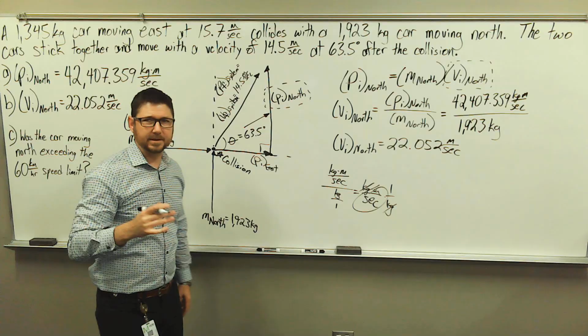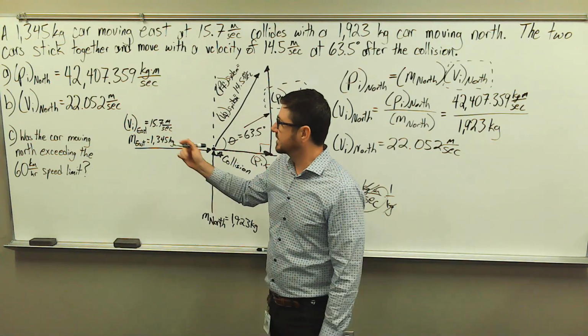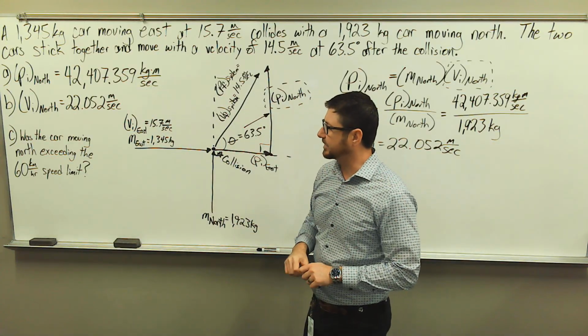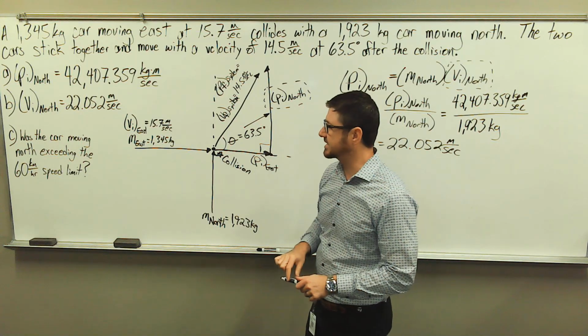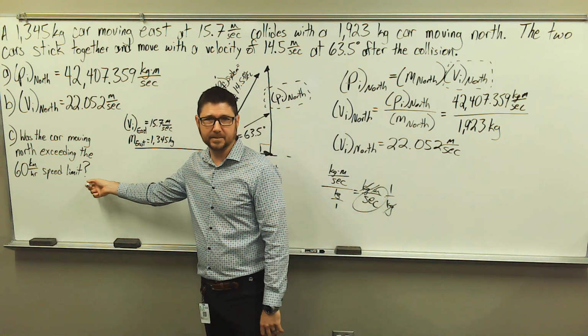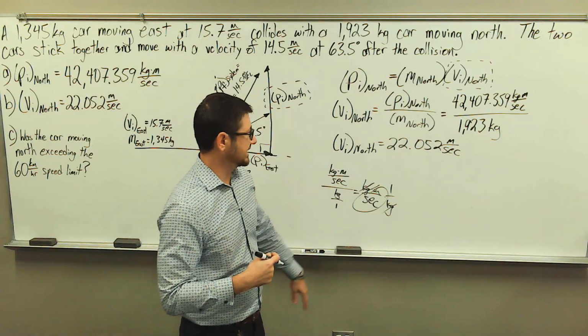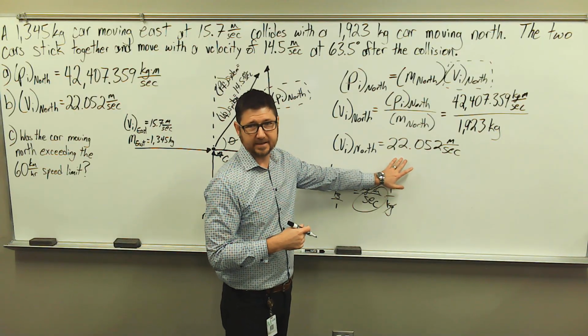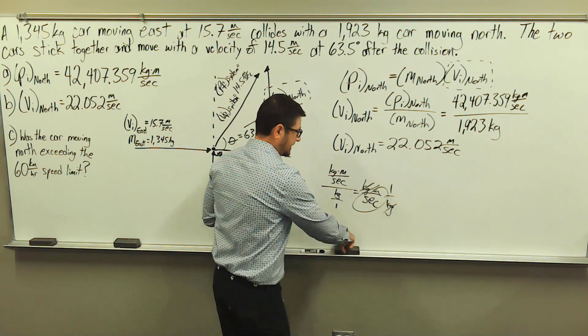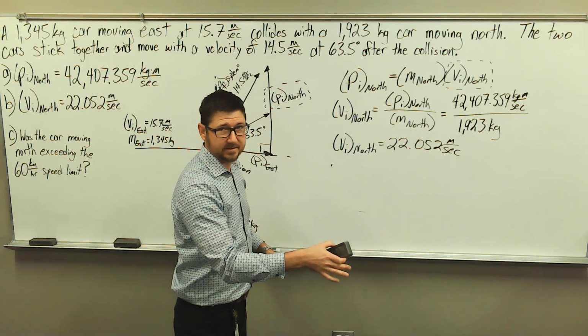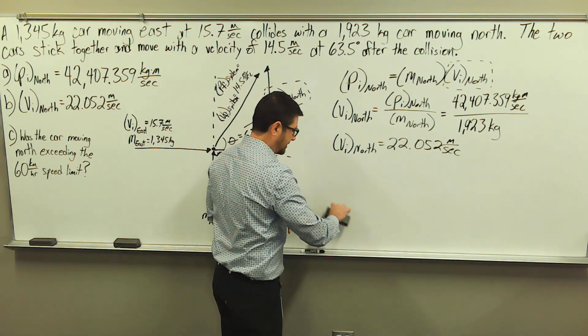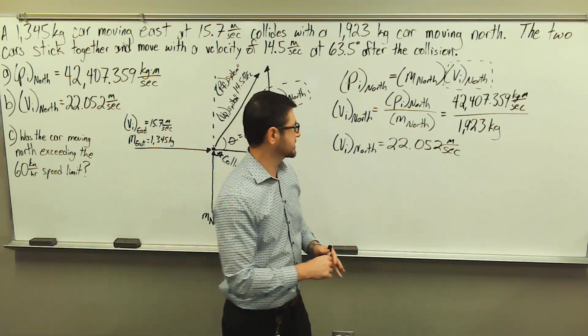And then in part C, it wants us to identify, was the car moving north exceeding the 60 kilometers per hour speed limit? Well, we've identified the initial velocity in units of meters per second. So now what we need to do is use dimensional analysis to convert from meters per second to kilometers per hour.